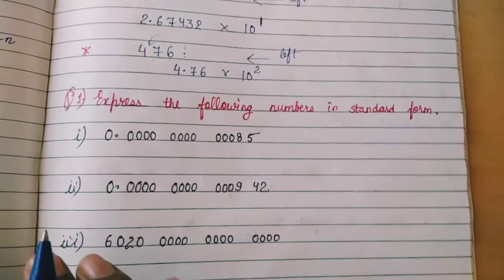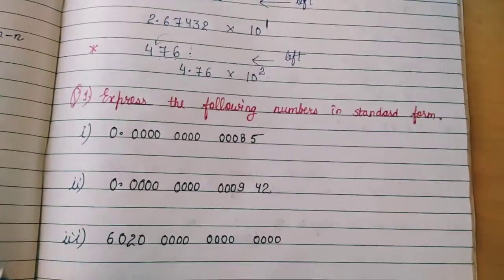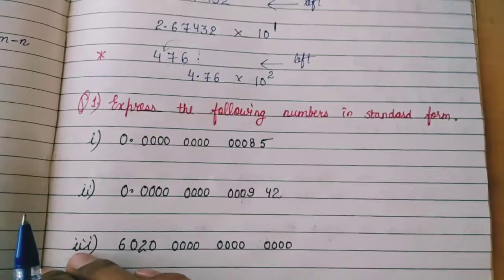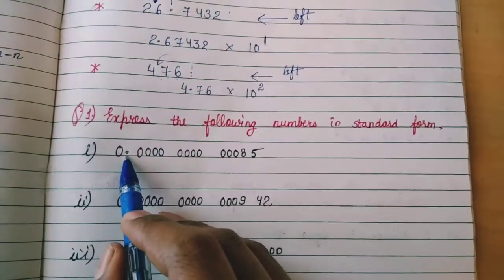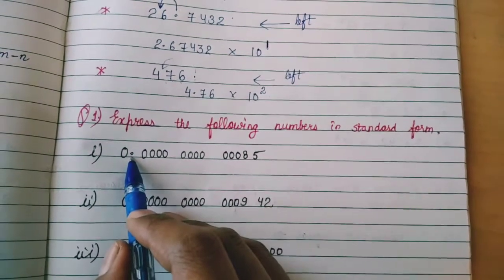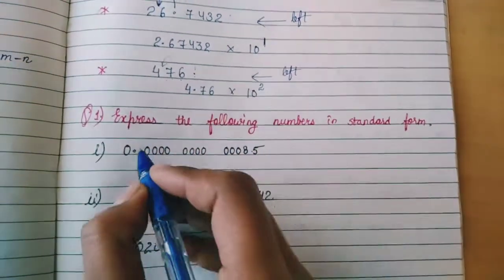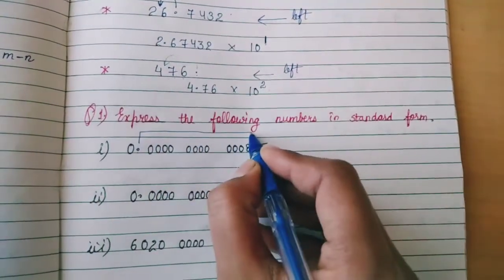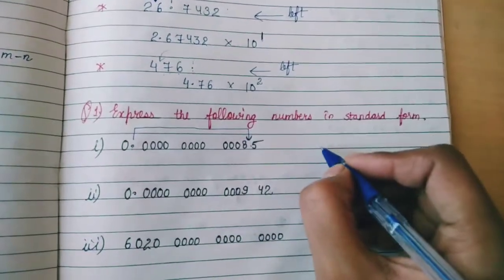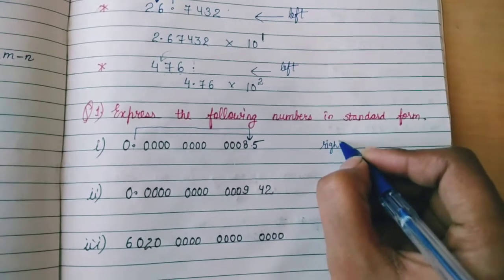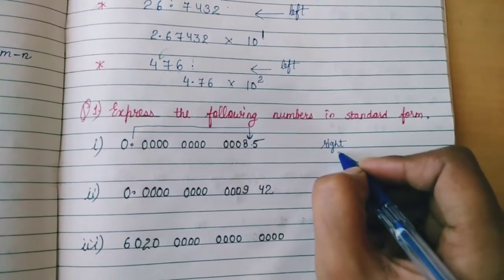Now the first question is, express the following numbers in standard form. Simply you have to see at the beginning where we are shifting the decimal. Here we have the decimal, and this decimal will shift here. The decimal shifting direction is right.